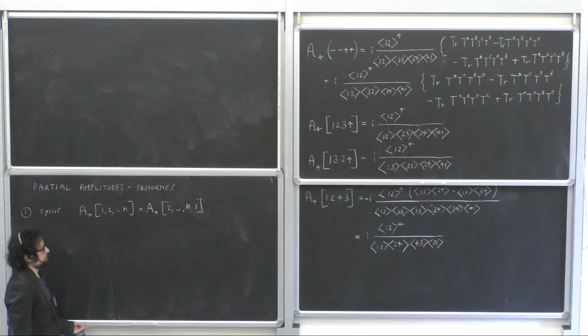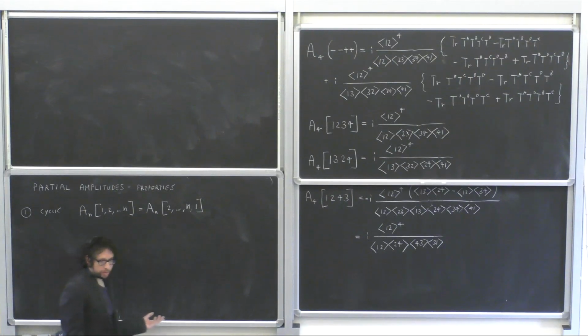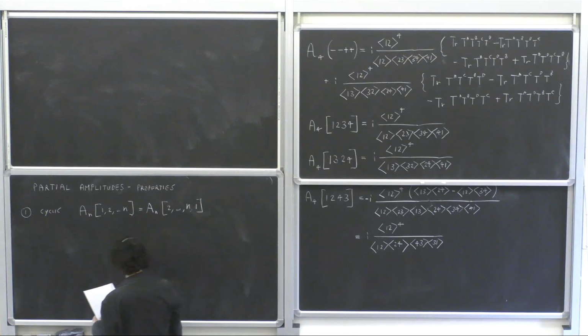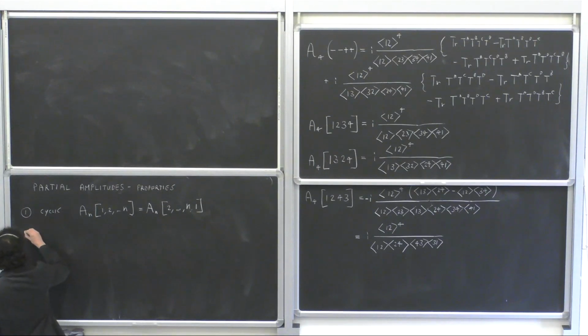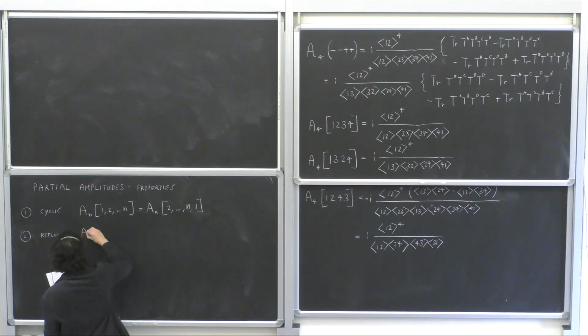This is in a sense something which is almost part of the definition with the traces, which comes directly from the trace property. A property that you can observe but is slightly less trivial is the reflection.